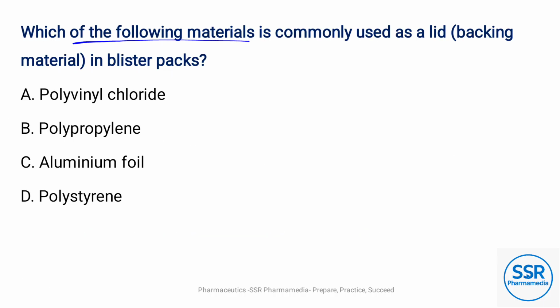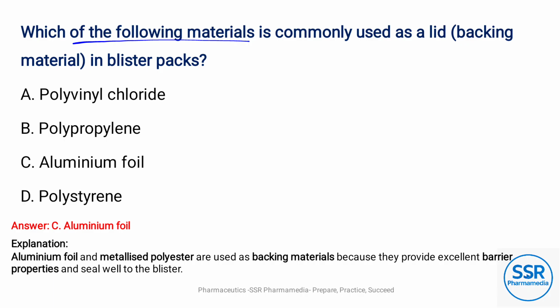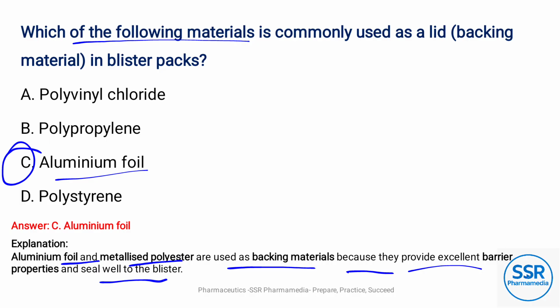Which of the following materials is commonly used as a lid in a blister pack? Option C is the answer, aluminum foil. Aluminum foil and metallized polyesters are used as backing material because they provide excellent barrier properties and seal well to the blister.